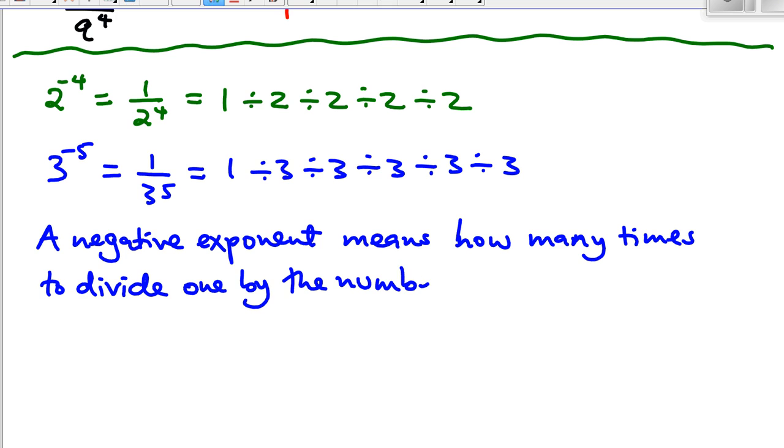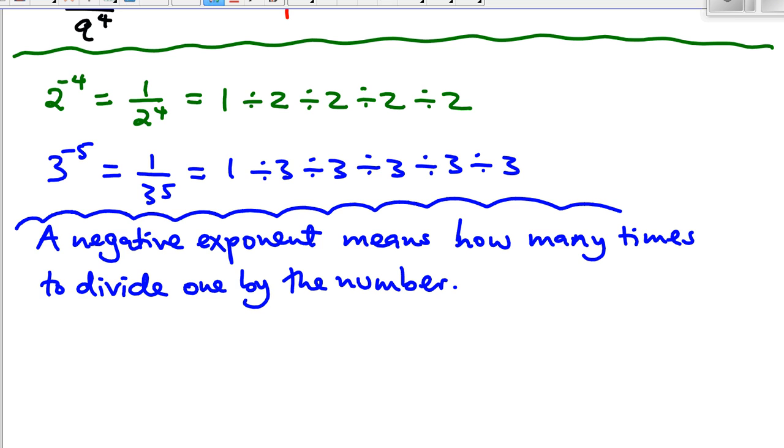So a negative exponent means how many times to divide 1 by that number. And I've already illustrated that in the 2 examples that I've given above here.